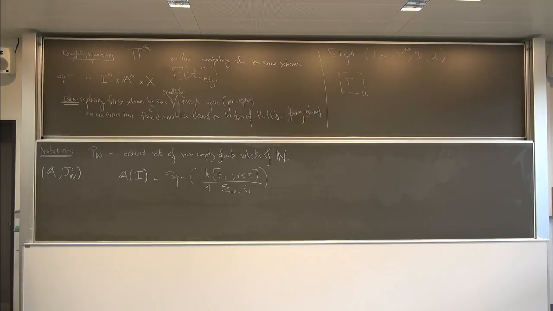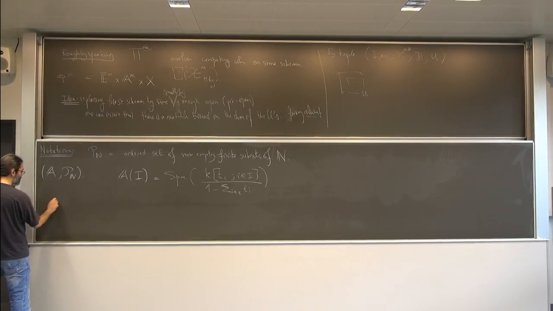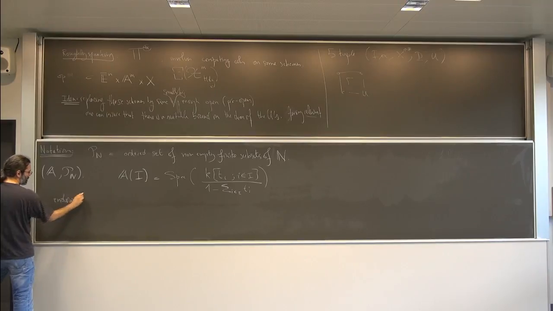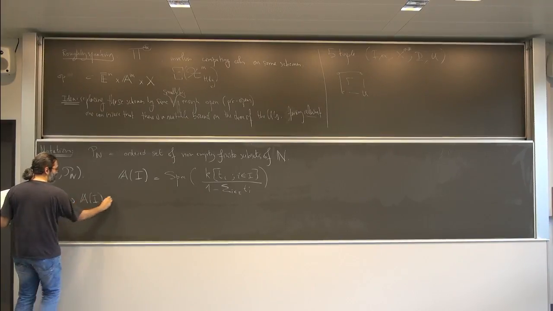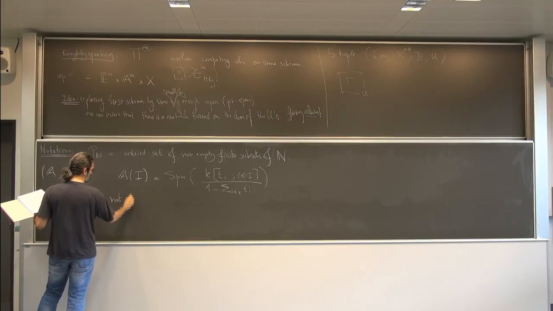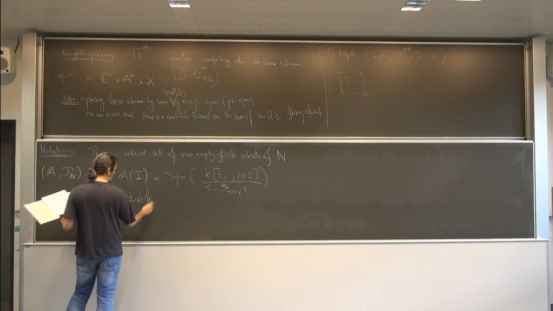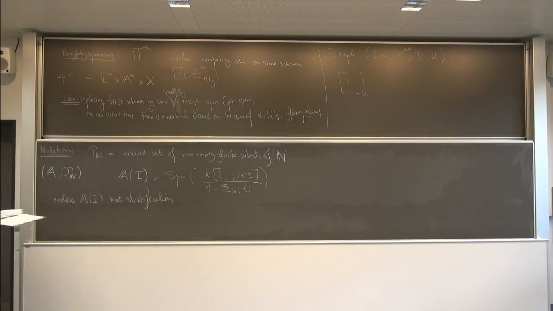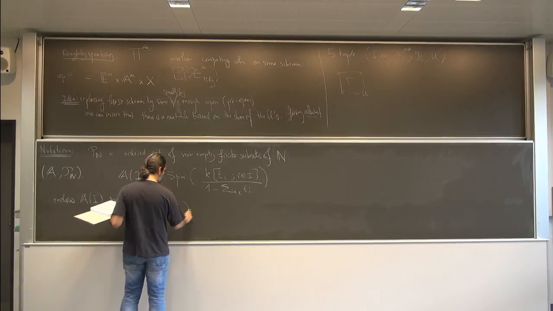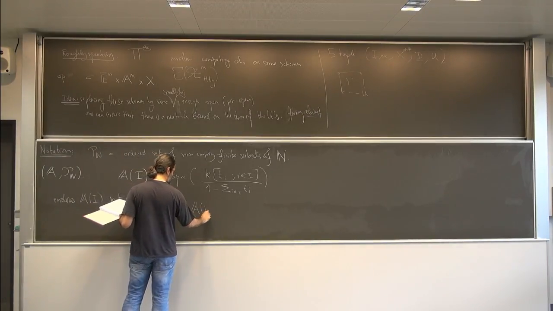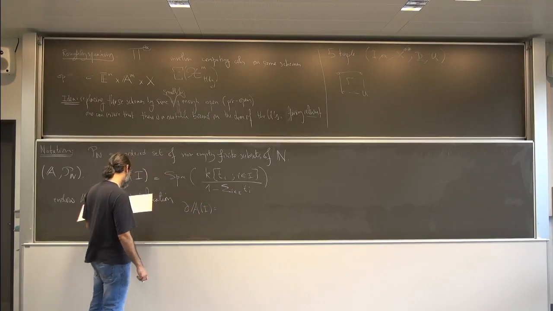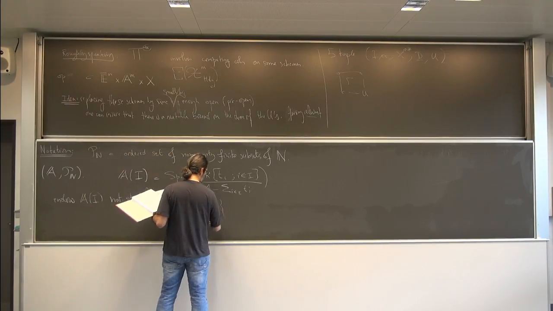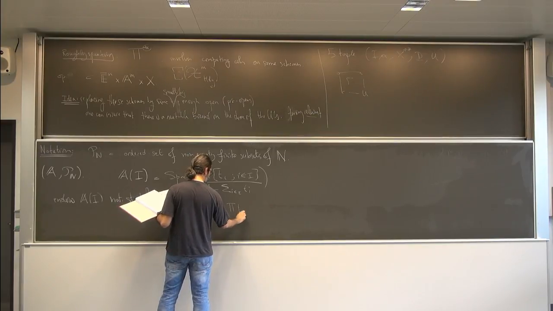All right, so we endow A_I with a natural stratification, which is a regular one, which has as a boundary the divisor defined by the equation product of the t_i is 0.